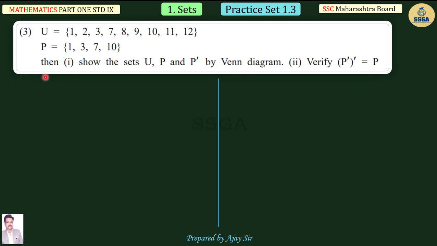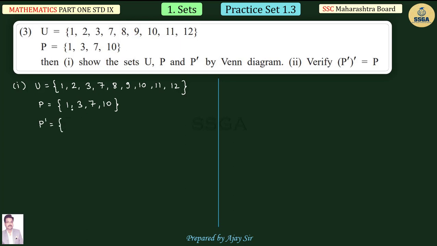First we will write the universal set as it is. The universal set contains 1, 2, 3, 7, 8, 9, 10, 11, 12. P set has the elements 1, 3, 7, 10, and now P complement.